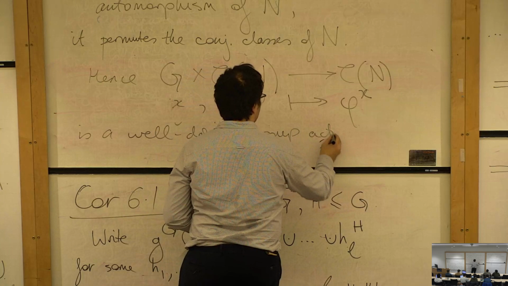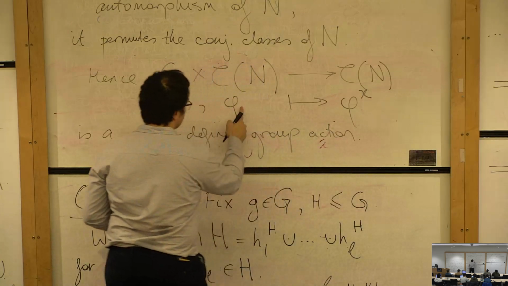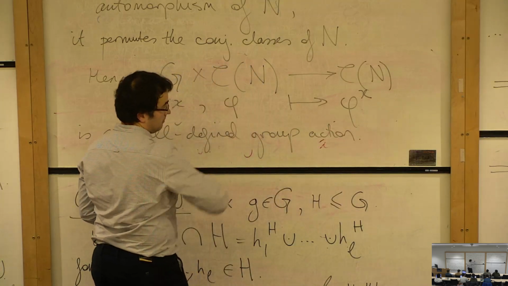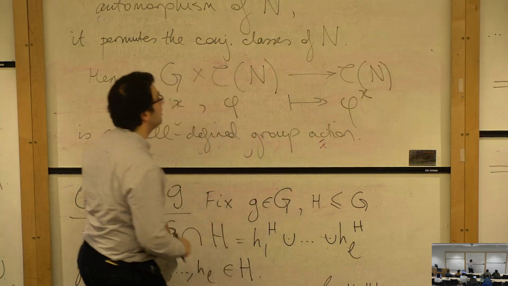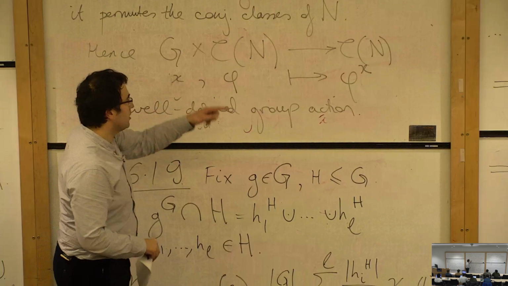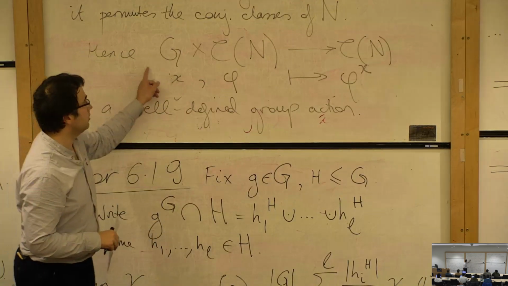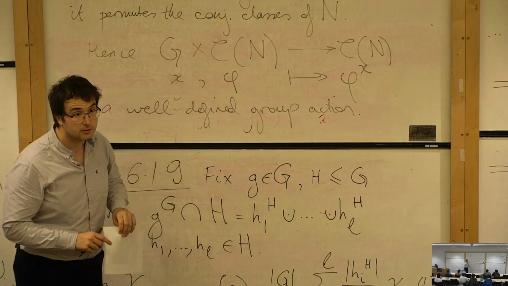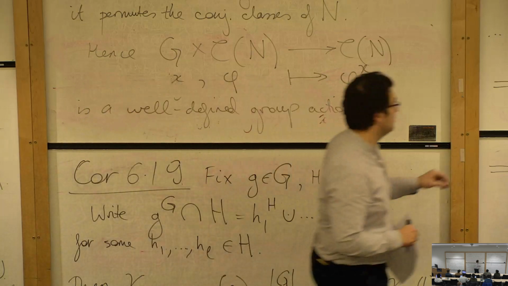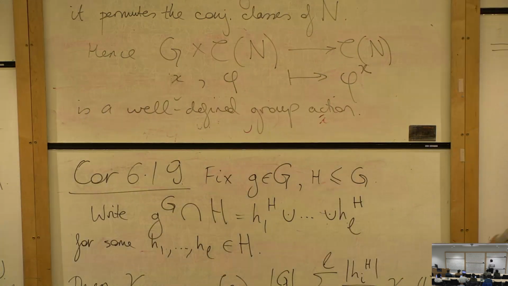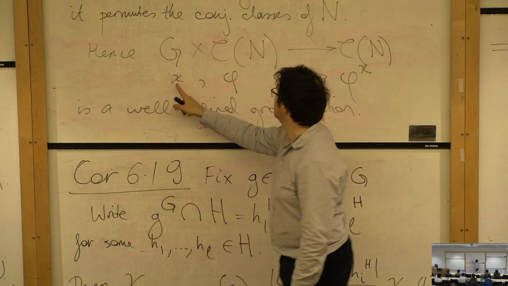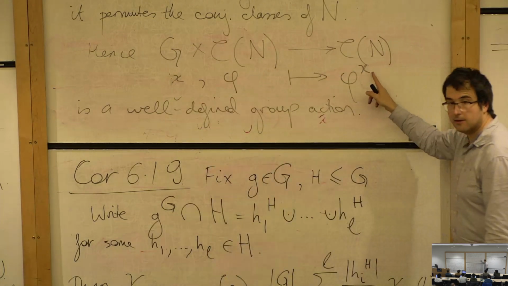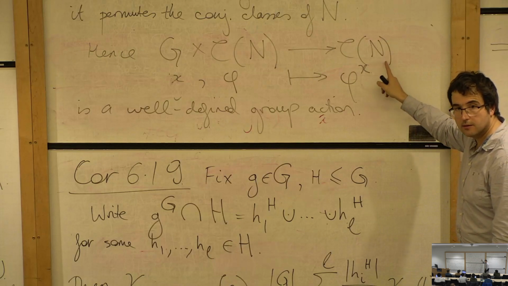I'm saying that if phi is a class function on N and I twist it by some random element of G, I get another class function, and this operation gives me a group action of G on the set of class functions. Furthermore, observe that if x happens to be in N, then phi^x is phi, because phi is already stable.